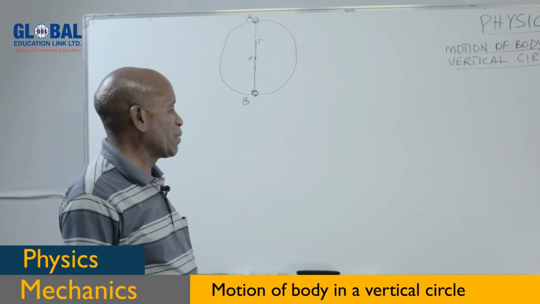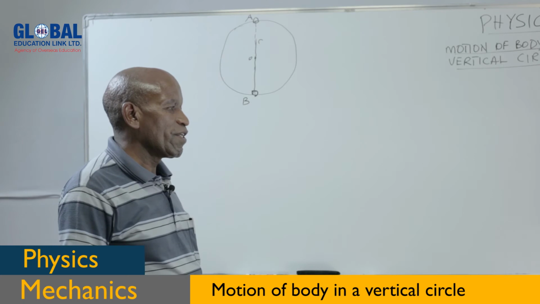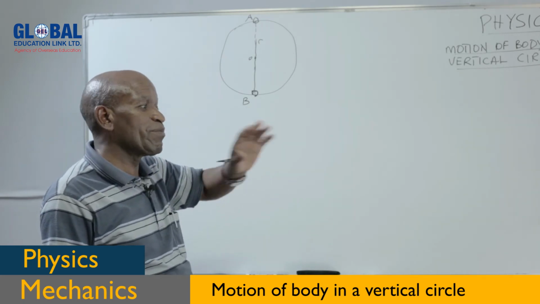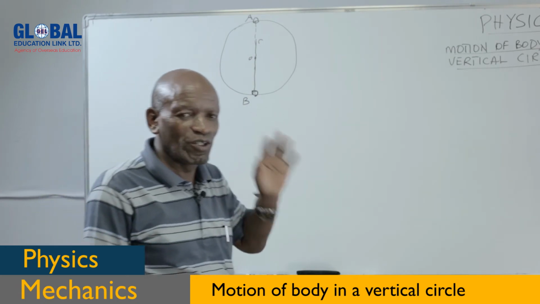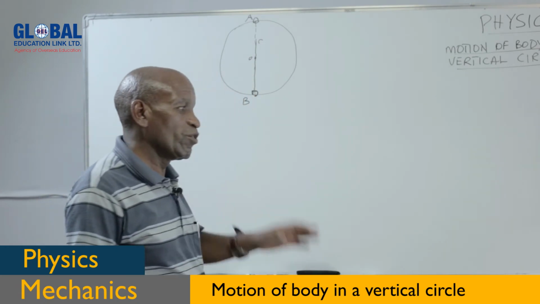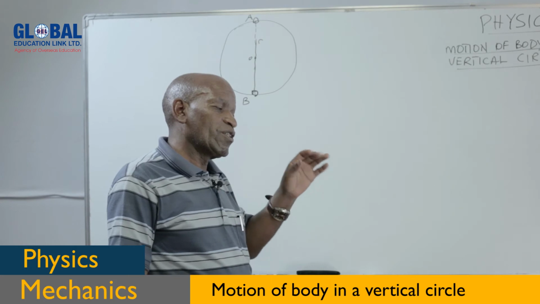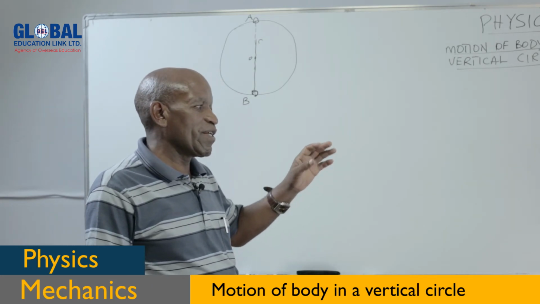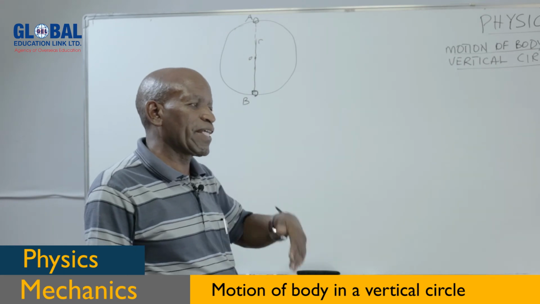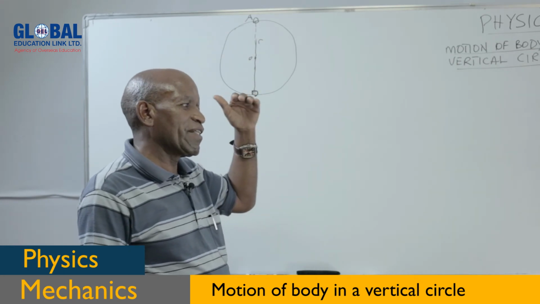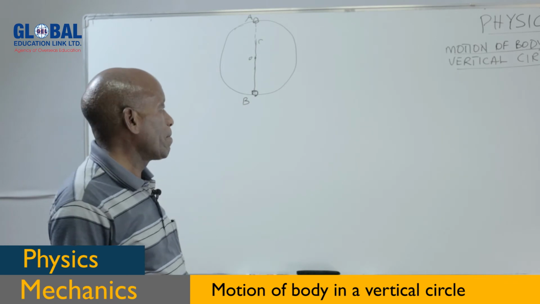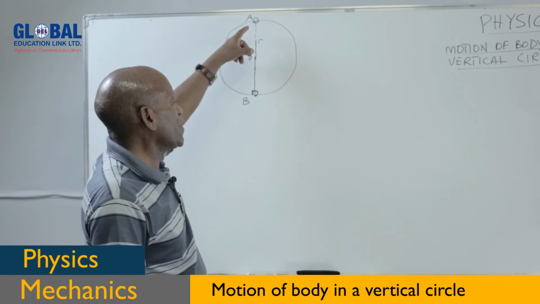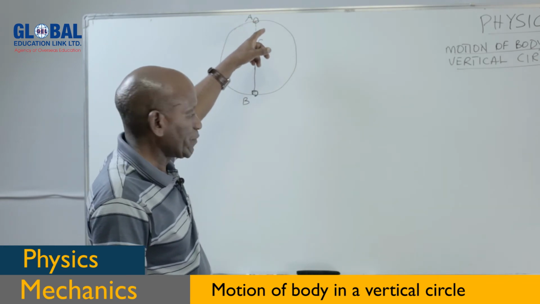So we want to see if the string will become slack or remain tight at the highest point. To determine if the string will slack whenever that bucket passes at the highest point, we need to determine the minimum velocity.